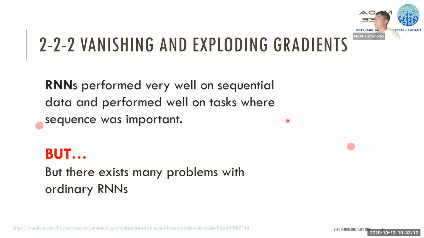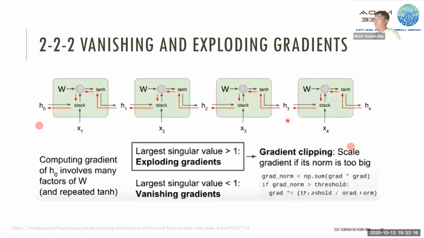But there are also some problems with ordinary RNNs. We call them vanishing and exploding gradients. This is a bit complex to understand, but I just want you to listen carefully. Here is a typical traditional simple RNN.